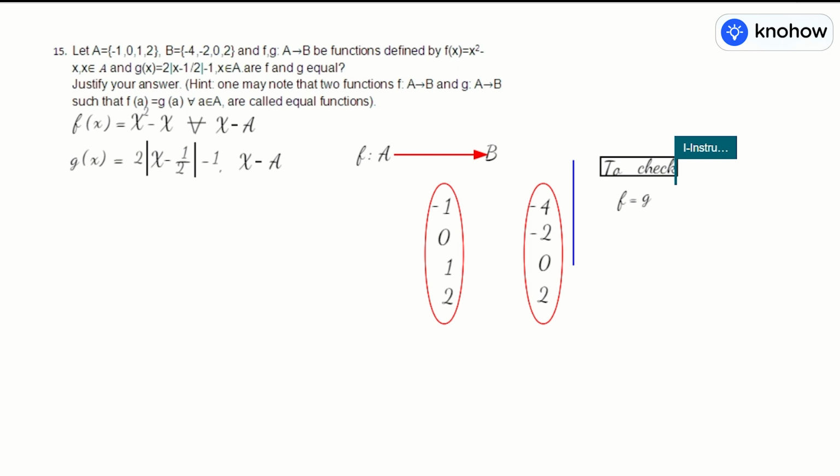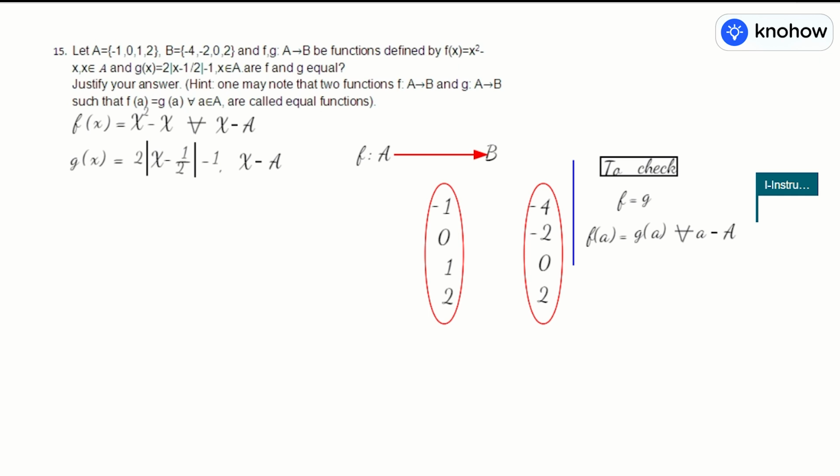If f and g are two functions on the same set, then the two functions are said to be equal if f(a) equals g(a) for all a lying in the given set A. That is, each element of A is associated to the same element under both functions.